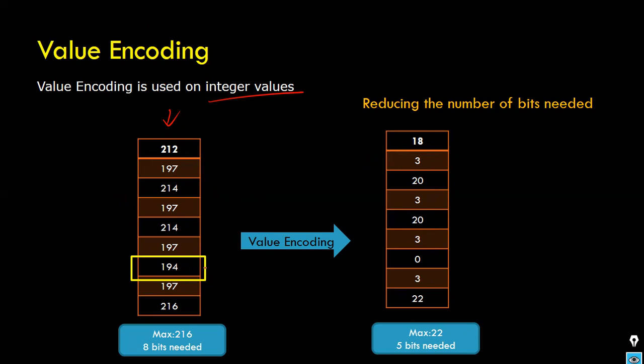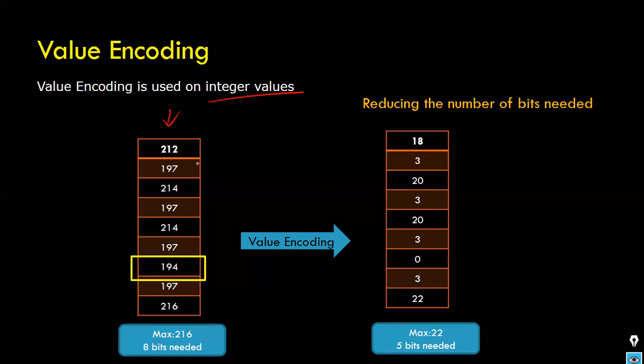Likewise, it takes the minimum value from your original column and subtracts it from each and every value. This way, the range of the values becomes 0 to 22, whereas in the original the range is 194 to, what is the maximum value, 216.